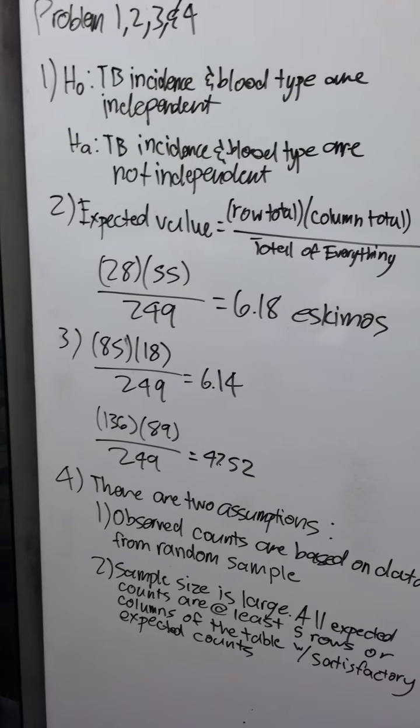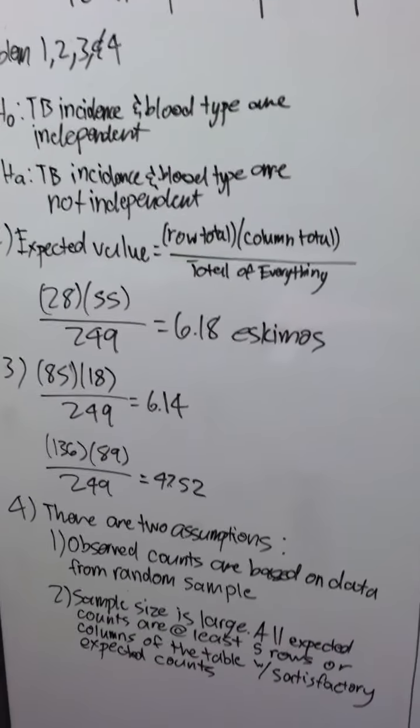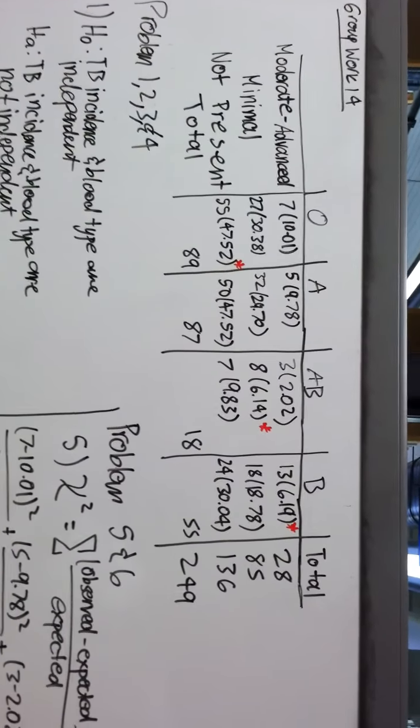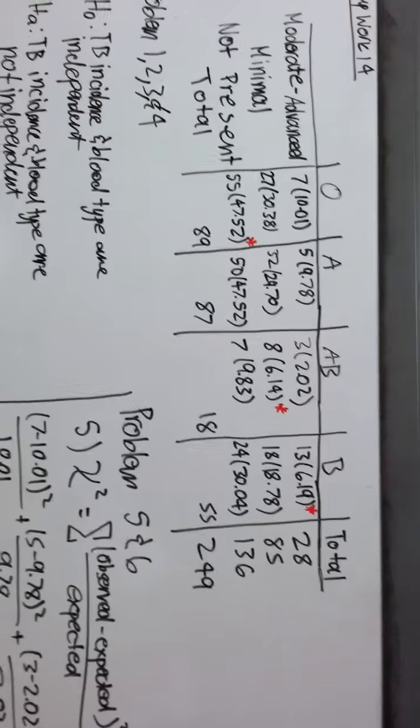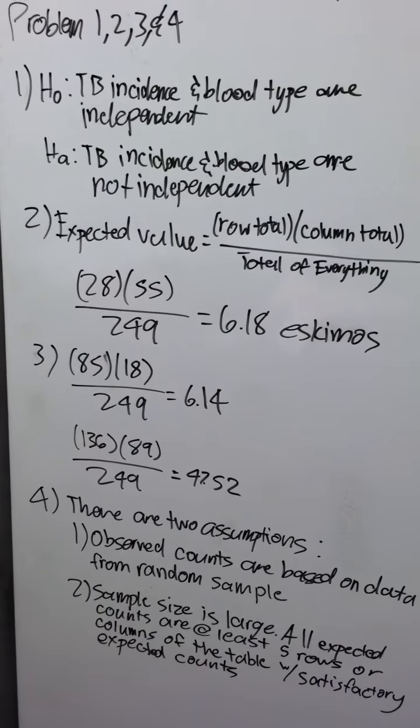In question 3, it says calculate all missing expected cell counts in the table above. As you can see, there were 3 values that I highlighted in red. Those are the ones that were missing. And in order to find those, we just need to repeat the process that we did in problem 2.